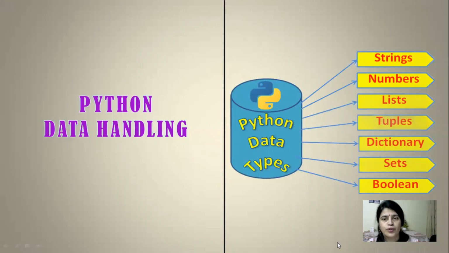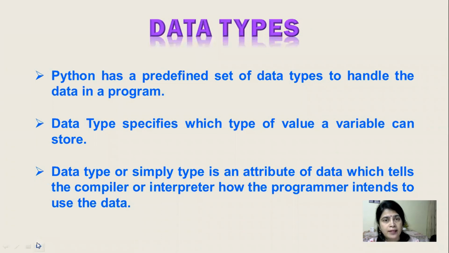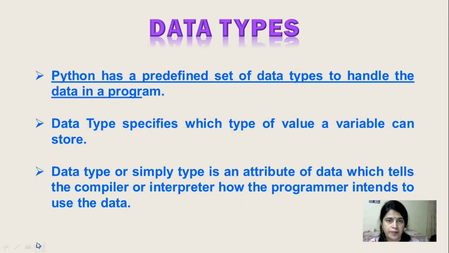Yes, friends, today I'm going to discuss the different data types which are supported by the Python programming language. But first of all, we'll have to know what a data type is. Python has a predefined set of data types to handle the data in a program. What is a data type?